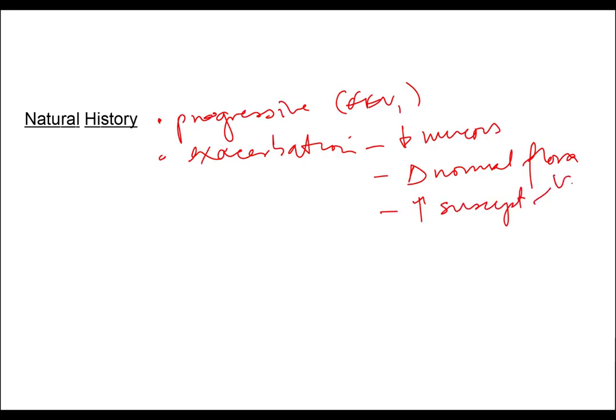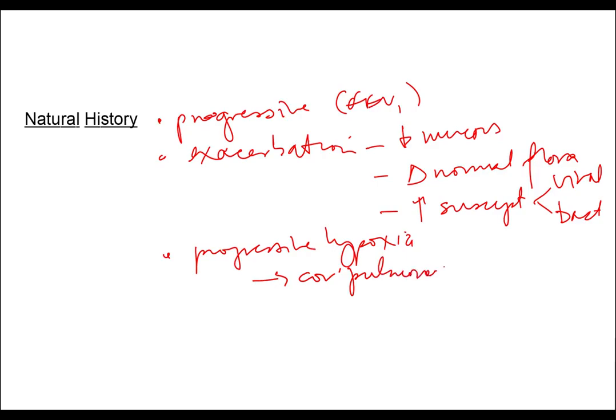And that can be both viral infections and then bronchopneumonia. So these exacerbations of acute bronchitis superimposed on the underlying chronic disease are part and parcel of this disease's natural history. As it progresses, we're going to start seeing progressive hypoxia. And with that progressive hypoxia, we're going to start seeing cor pulmonale.